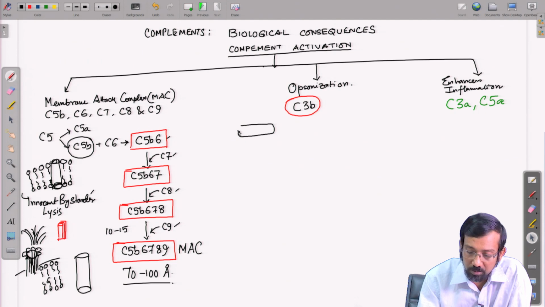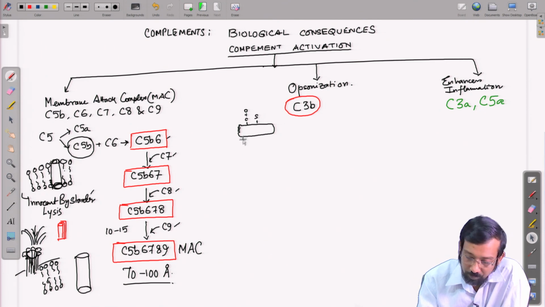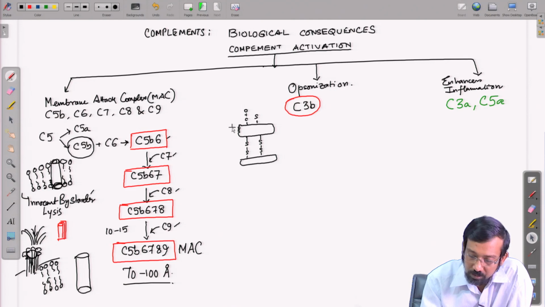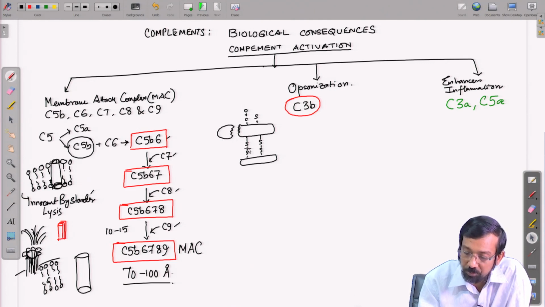This C3b has an internal thioester linkage by which it can get attached to the target cell. So, this is how the C3b looks like, and this is C3a.